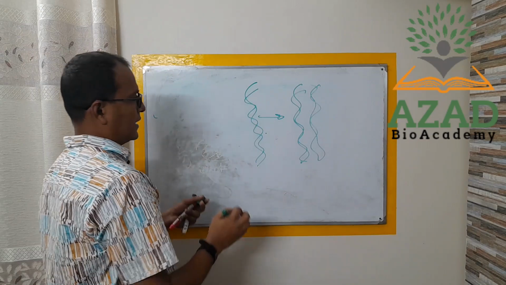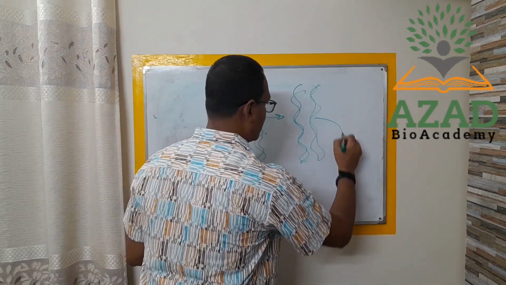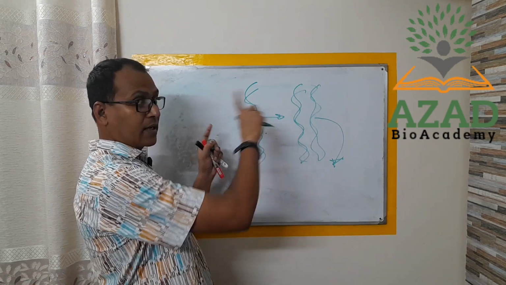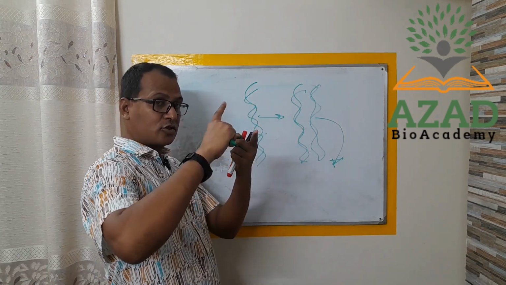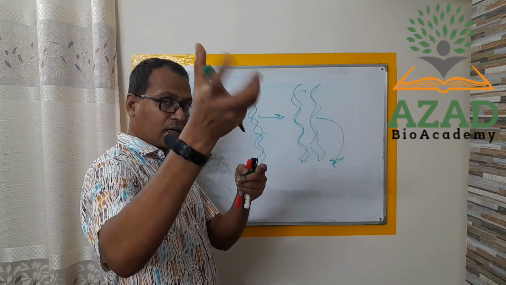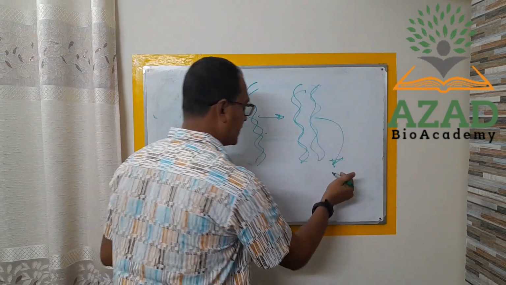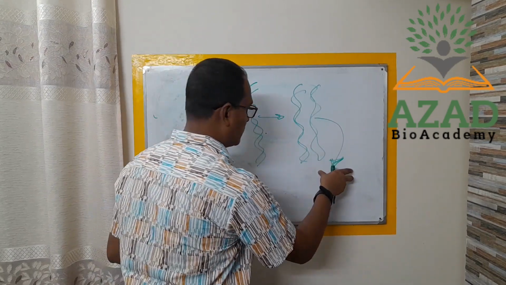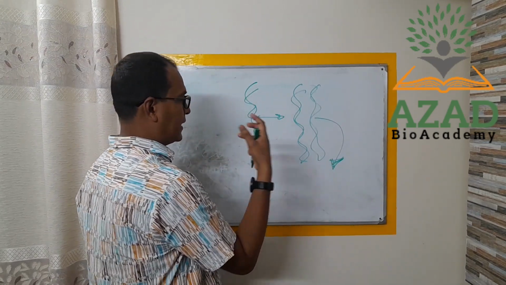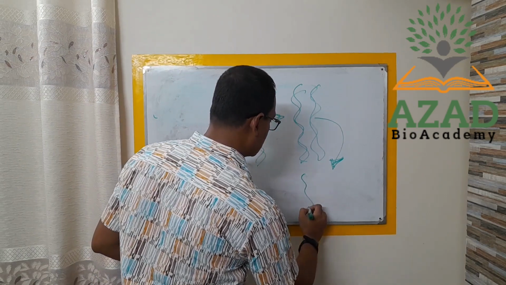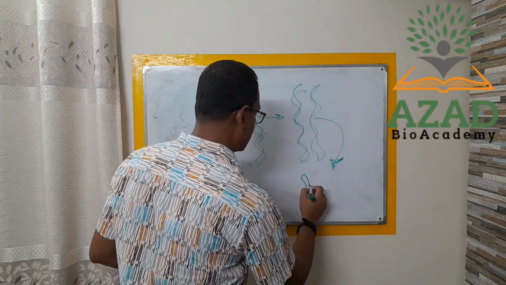Okay, and then it will condense more. I already covered that the histone protein and the DNA will form a chromatin, and then it will be more condensed and form a chromatid, a single chromatid, like that.